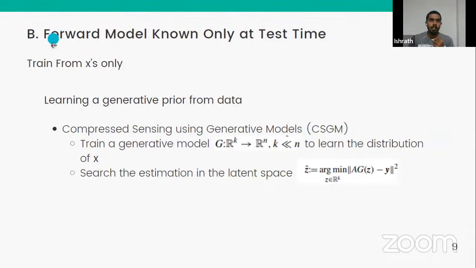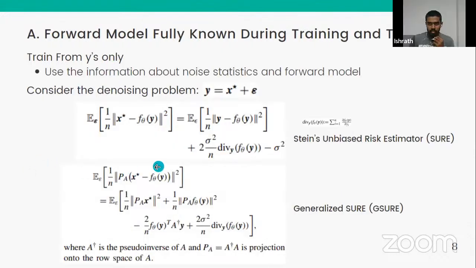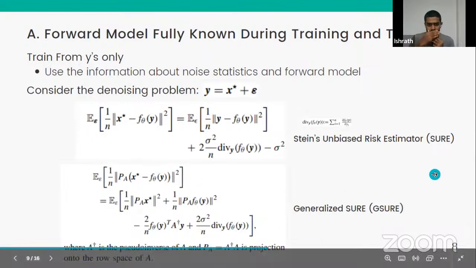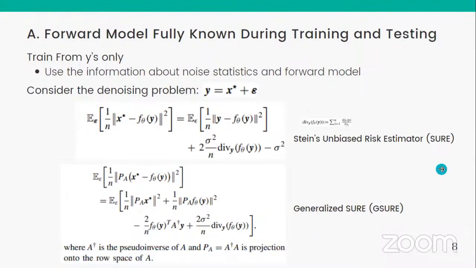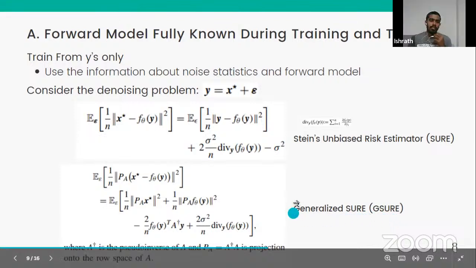So the next main category is... if you go back, yes, here, like you say, what if for any arbitrary A, this GSURE doesn't hold. If we can model the A linearly, then this equation is true.